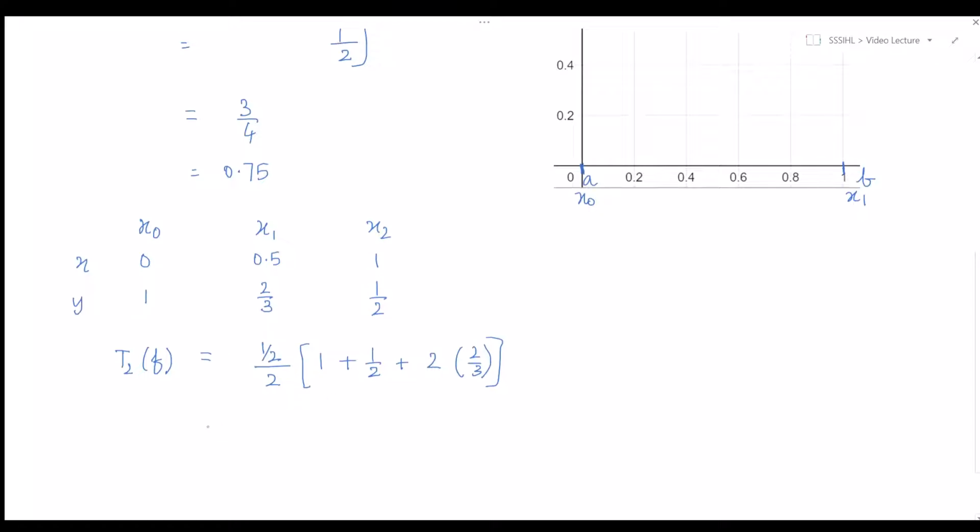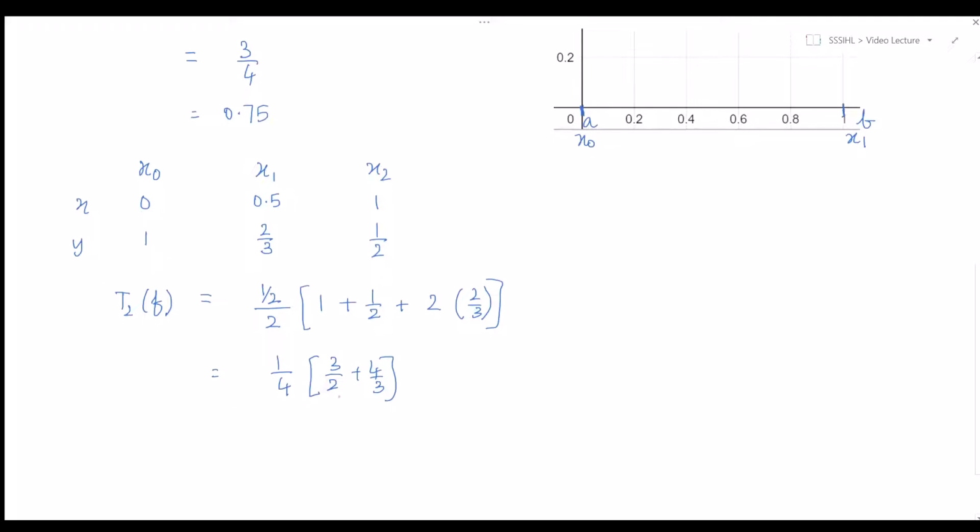Which is equal to 1 by 4 into 3 by 2 plus 4 by 3, which is 17 by 24. So the value of 17 by 24 is 0.7083 bar.